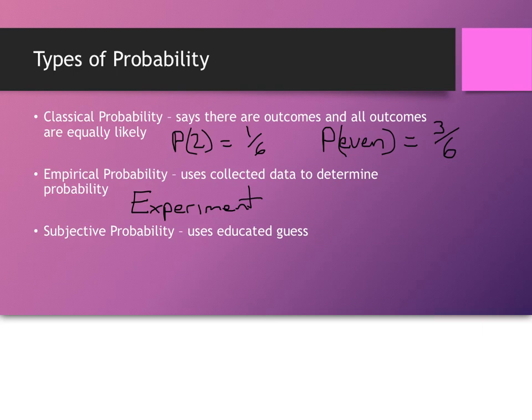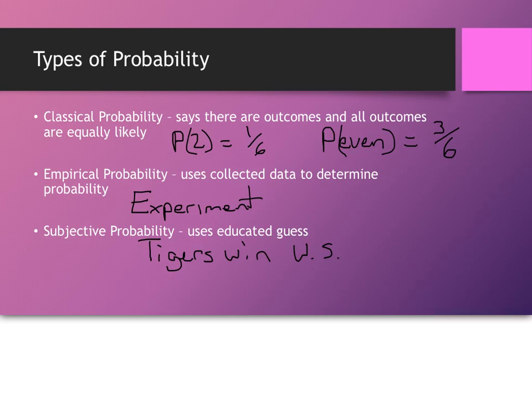Now, there's another type of probability that you probably want to avoid. It's called subjective probability. All right. Those are things like the probability of the Tigers winning the World Series. If I say the probability that the Tigers win the World Series is 10%, then that's subjective probability.